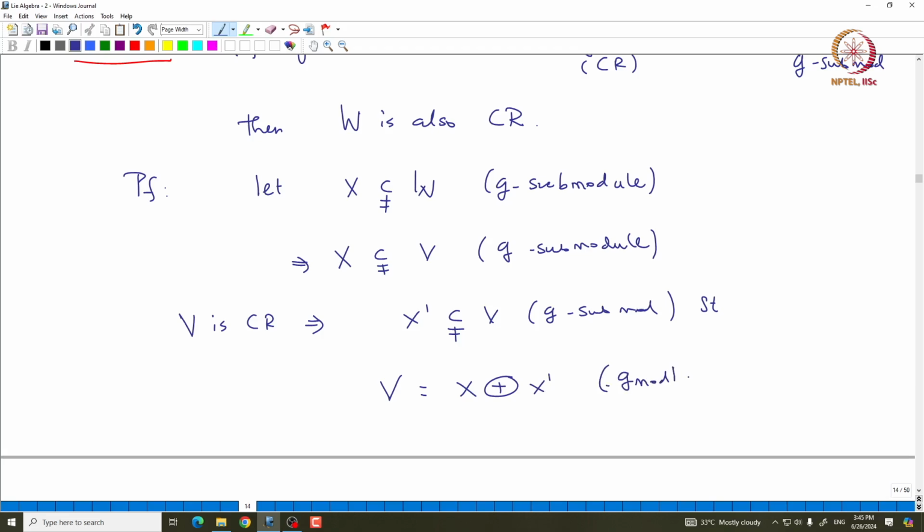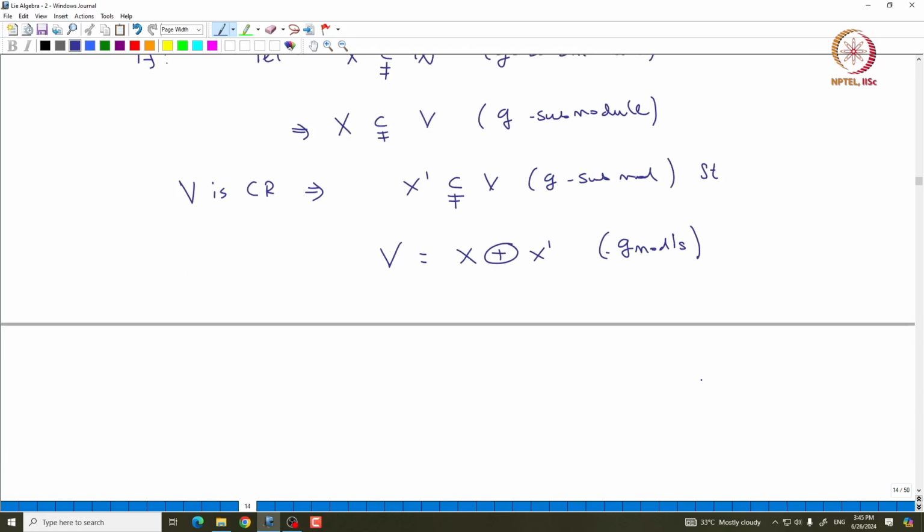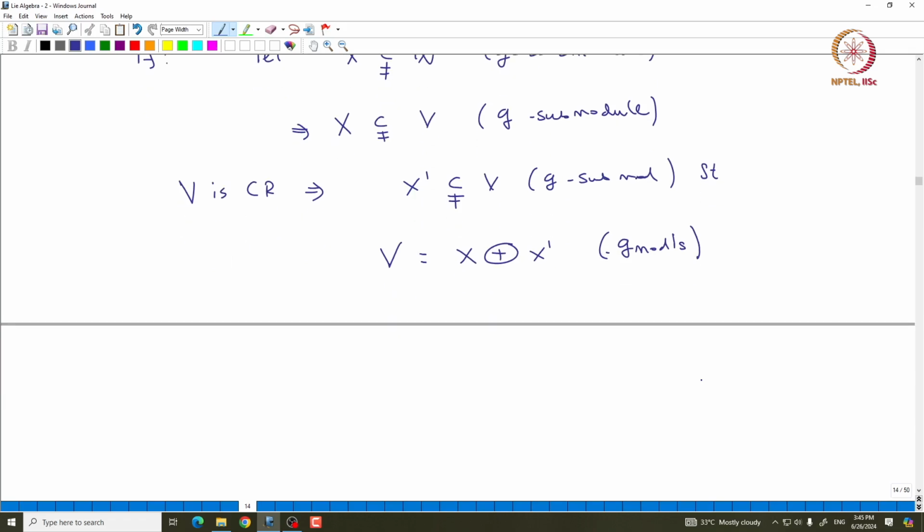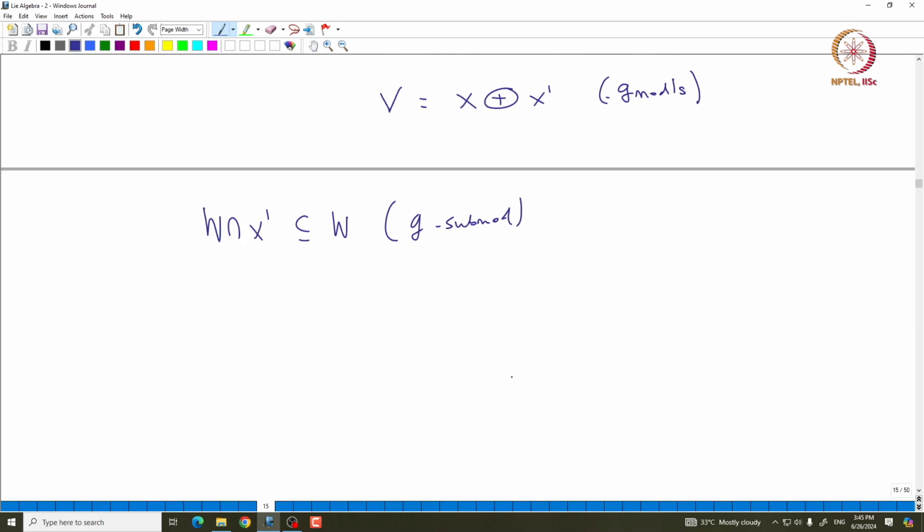Now, we are looking for a complement of X inside W. The natural thing to do is to look at W intersection X dash, which is a G submodule, and see whether it is a complement or not.